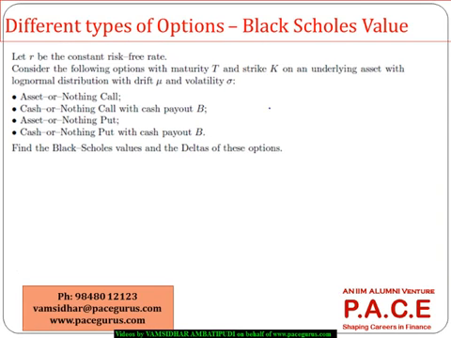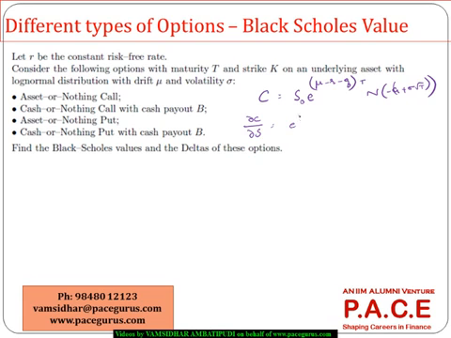If I look at the expression, I got the price of the call option: S naught into e power mu minus r minus q times t, N of minus of a plus sigma root t. Now what we are saying is I want the delta for this, dou c by dou s.